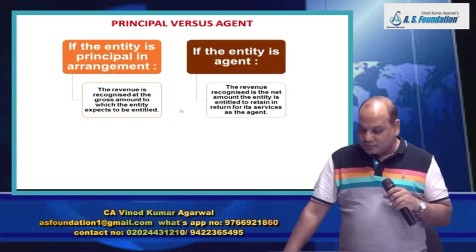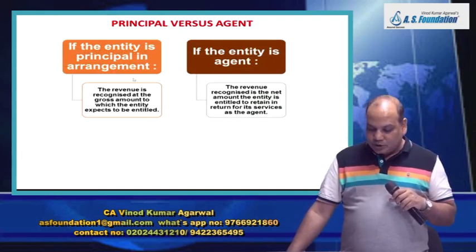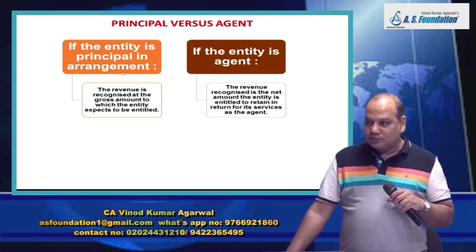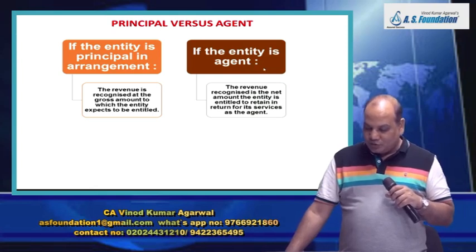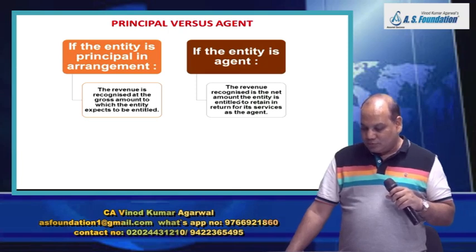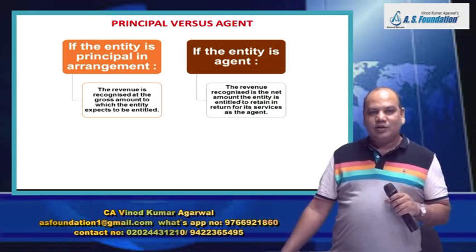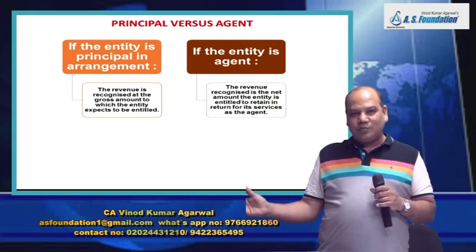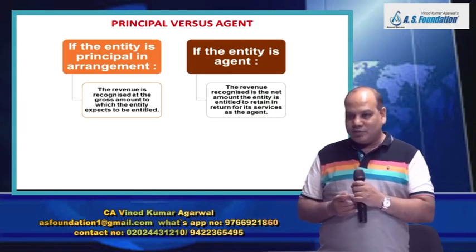Is it right? So what is the revenue recognition? If you are principal, recognize gross revenue. If you are an agent, recognize the commission. Okay, that is the net amount you can retain. So when Amazon sells my book for 1,000 rupees, they hand over to me 900 rupees at the end of the day.